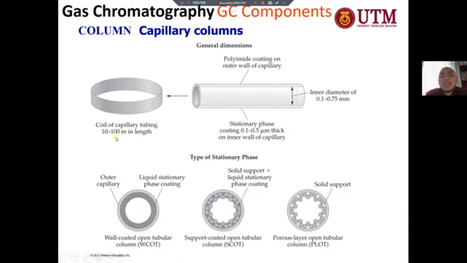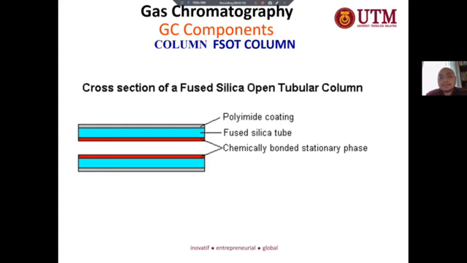For the capillary, it can range from 10 meters to 100 meters. 30 meters is the normal range for the capillary column, but it can reach up to 100 meters in length. The inner diameter is less than 0.1 mm. I cannot imagine how they produce this column, because I don't have that kind of experience.